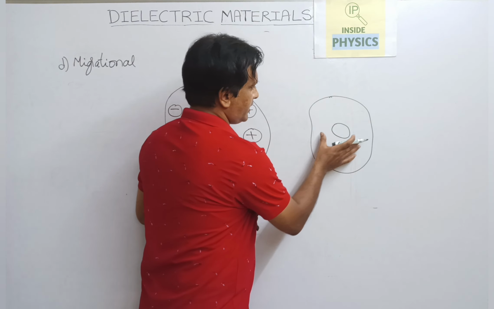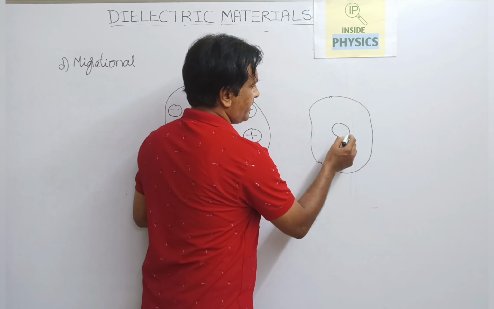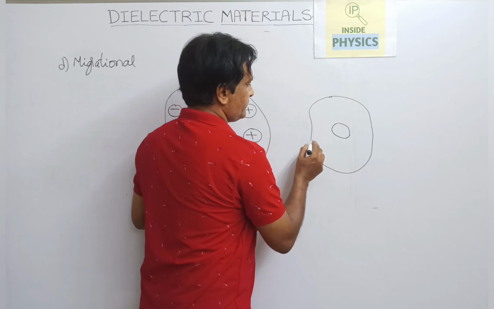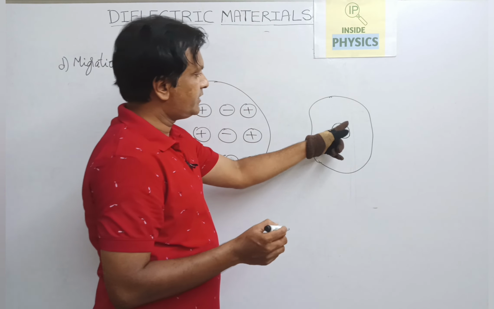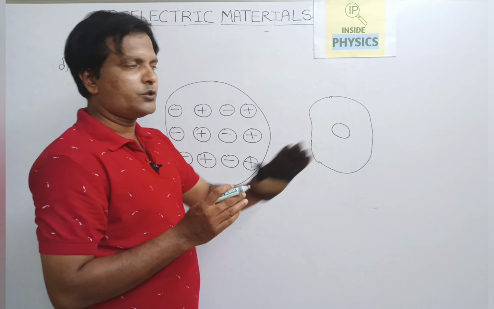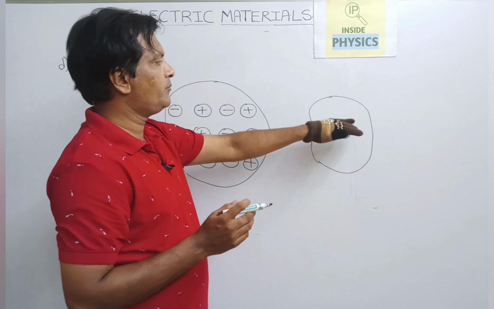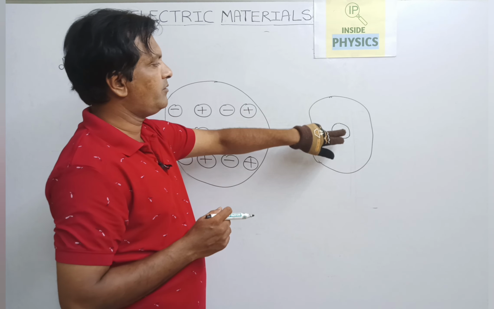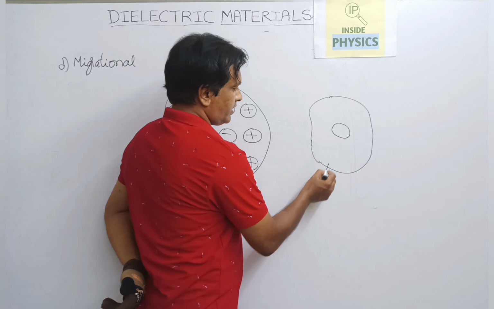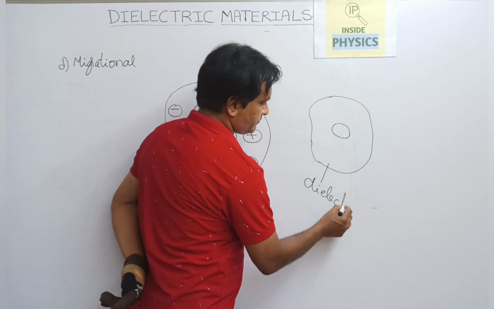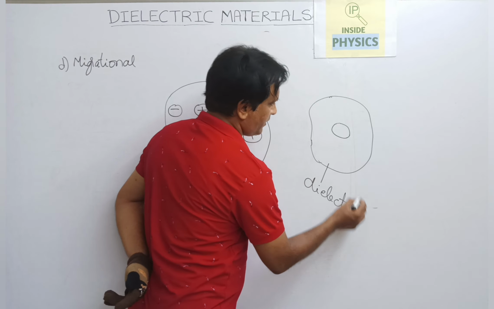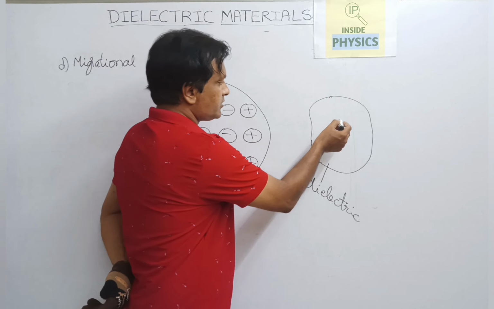So this is the dielectric material and this is an impurity. This is the interface of the two mediums, medium 1 and medium 2, material 1 and material 2. This is a dielectric material, this is an impurity, and this is the border.